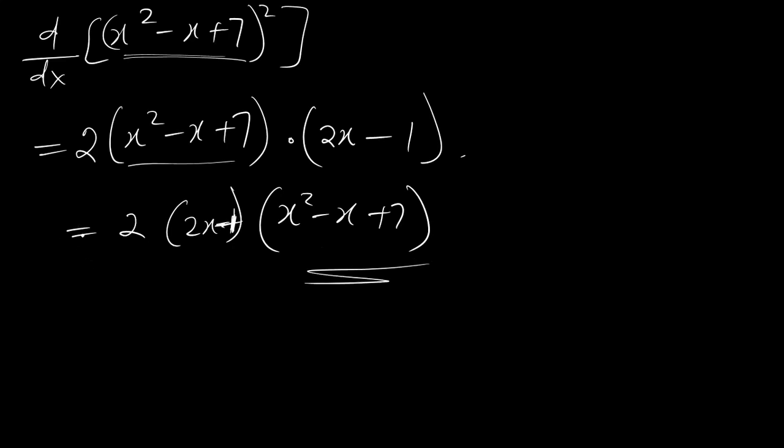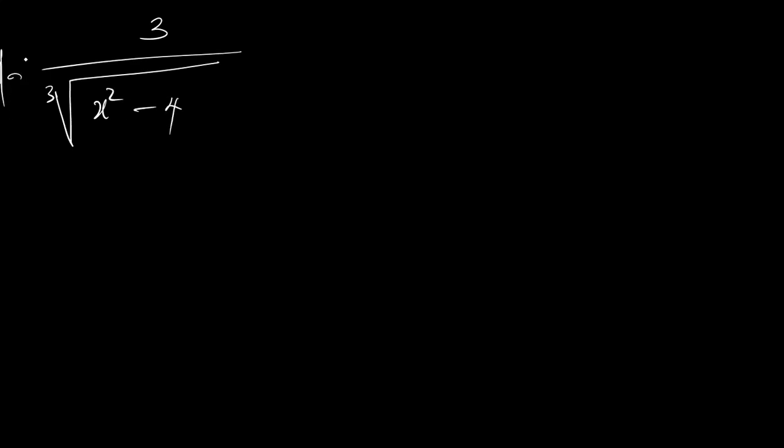Now the next question is, we give you a question like this. You have 3 divided by the cube root of x squared minus 4. So this is the derivative of this.